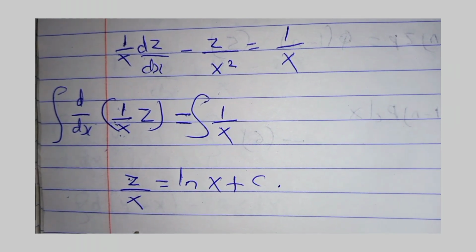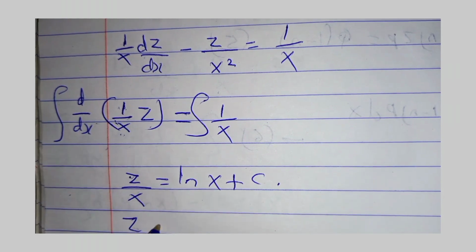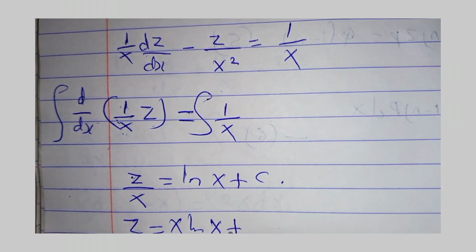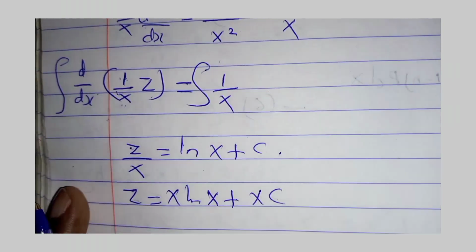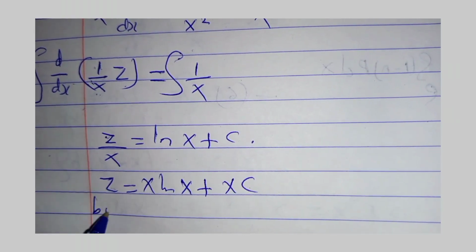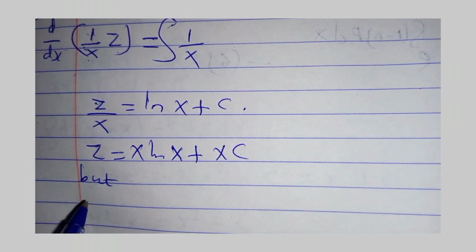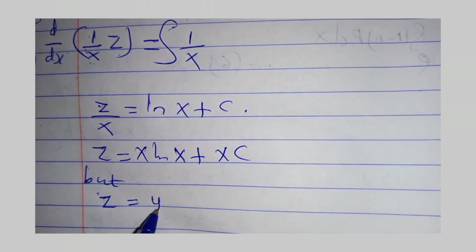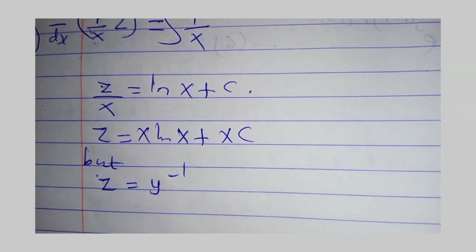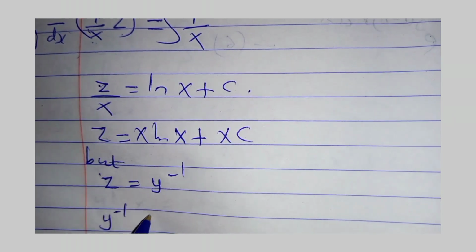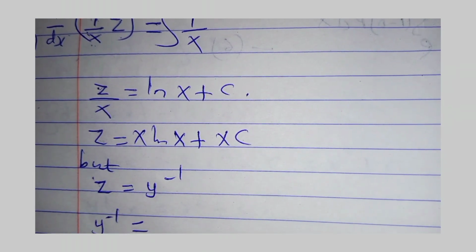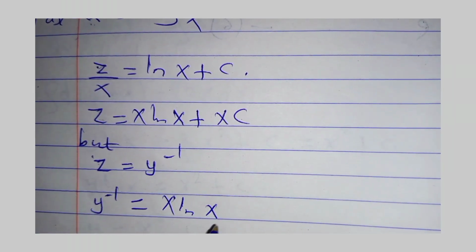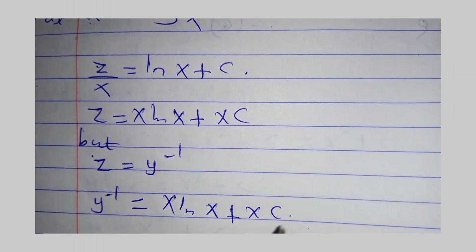Then you can multiply both sides by x to get z is equal to x natural logarithm of x plus xc. Then we know our z was equal to y power -1. So y power -1 is equal to x natural logarithm of x plus xc.